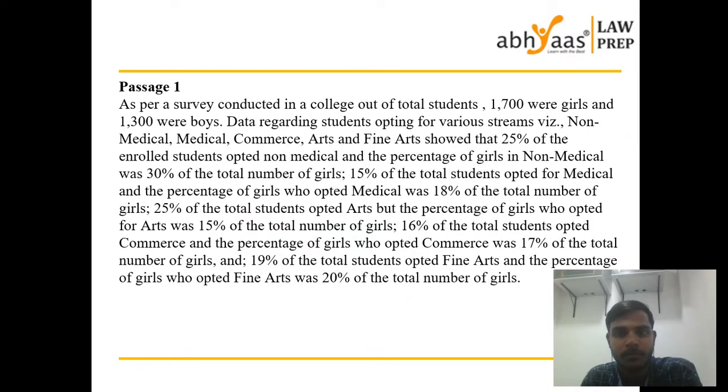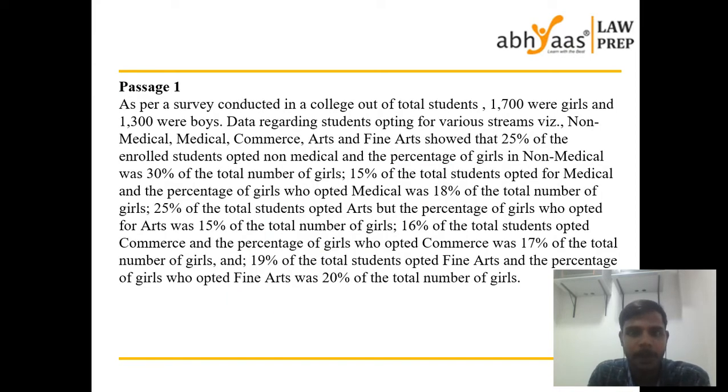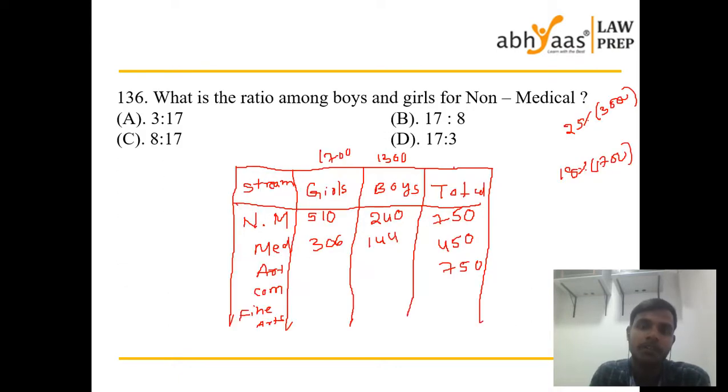Next. 25% of the total students opted for arts. 25% of 3000 is 750. So 750 students opted for arts, but the percentage of girls who opted for arts was 15% of the total number of girls. So we will find 15% of 1700.